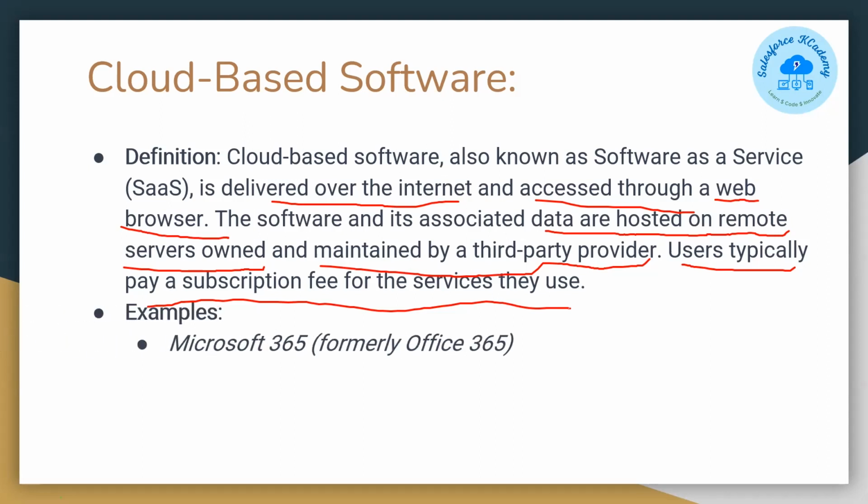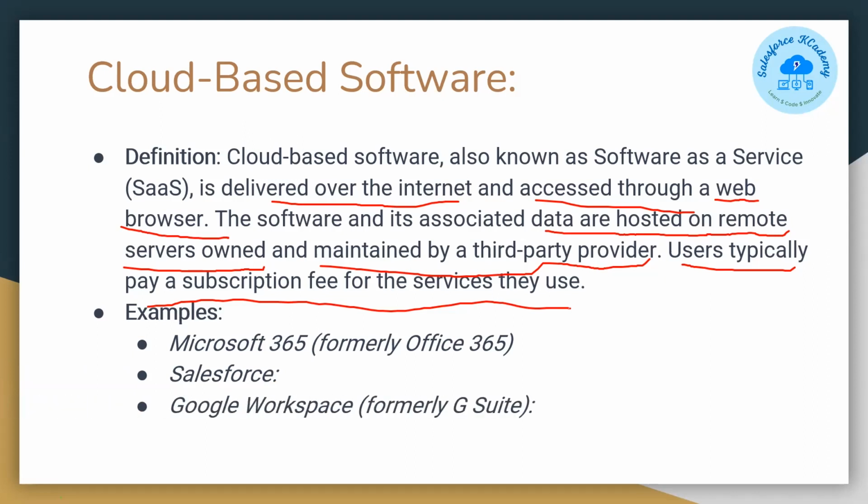Examples: Microsoft 365. As I have told you, Microsoft also developed their own PowerPoint and own Excel. They developed all this so that we can use them on the cloud as well, I mean, using the internet and browser. Then Salesforce, this is our main topic. This is a cloud-based software. Then Google Workspace.